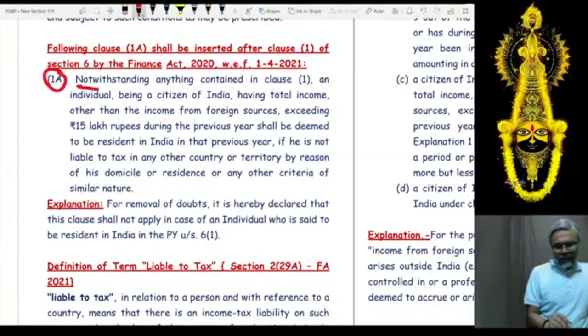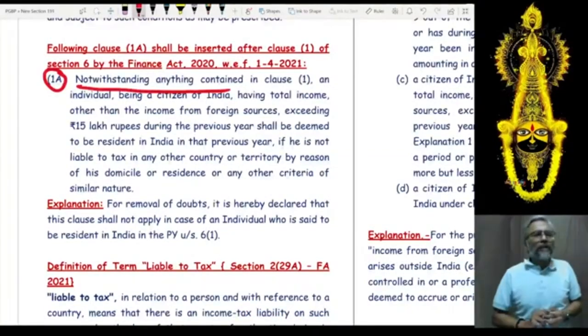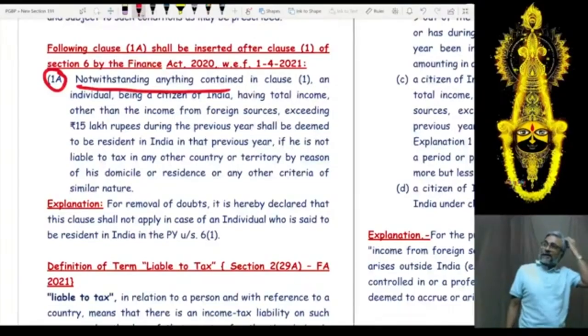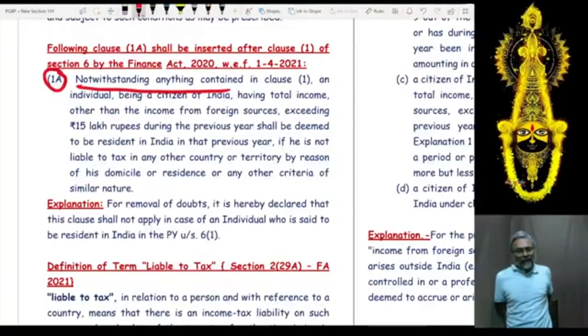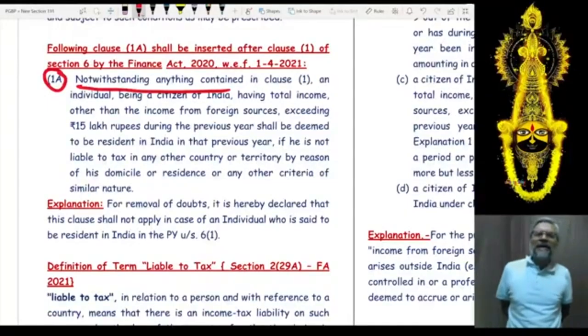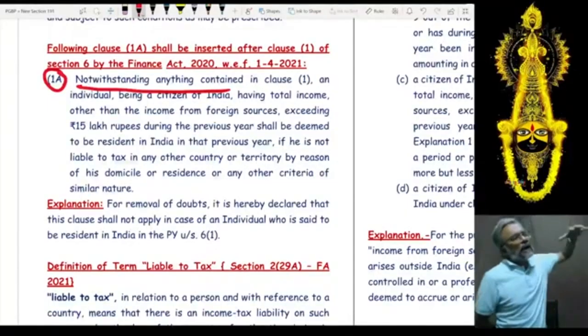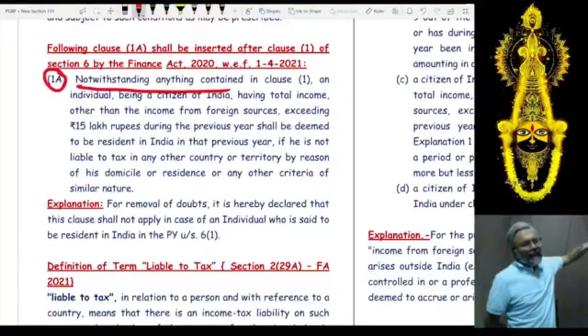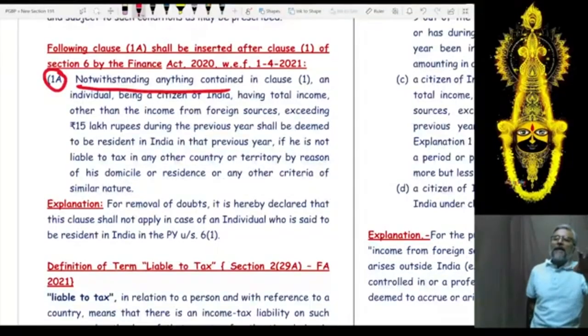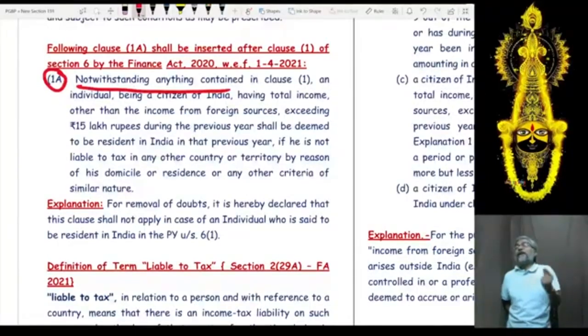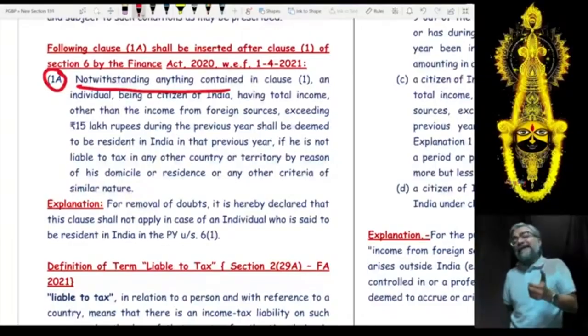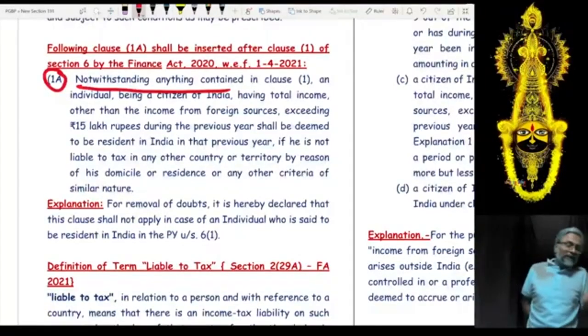6.1a starts with "notwithstanding anything contained in clause number 1." What does it say? Repeat with me: notwithstanding anything contained in clause number 1. It simply means that you are not satisfying any of the basic conditions in clause number 1. But still, you could be considered as a resident if you satisfy the condition of 6.1a.